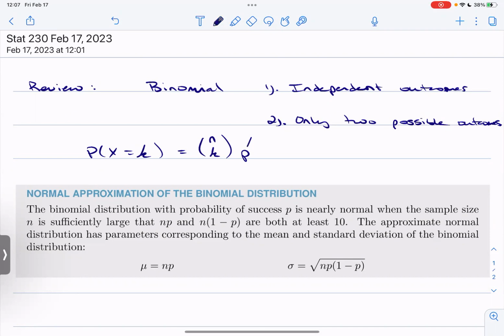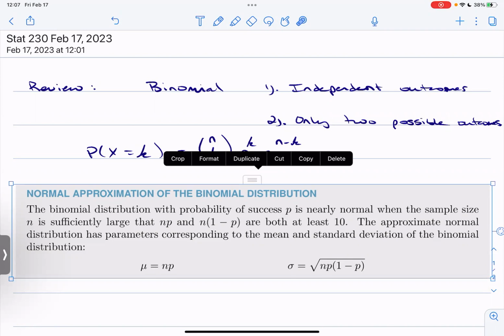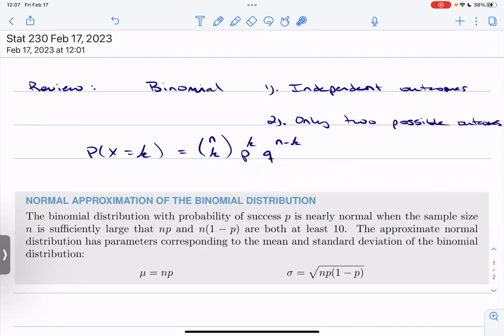And then p to the power of k, where p is the probability of a success, to the power of however many successes you need, and then q to the n minus k, where q is 1 minus p. Or you can just write 1 minus p if you prefer, but I think the q is cleaner. And then to the power of however many failures you have. That's what we arrived at last day. We spent some time developing this formula so it wouldn't be so scary, although maybe it still is. That's okay. Just need to know how to use it.